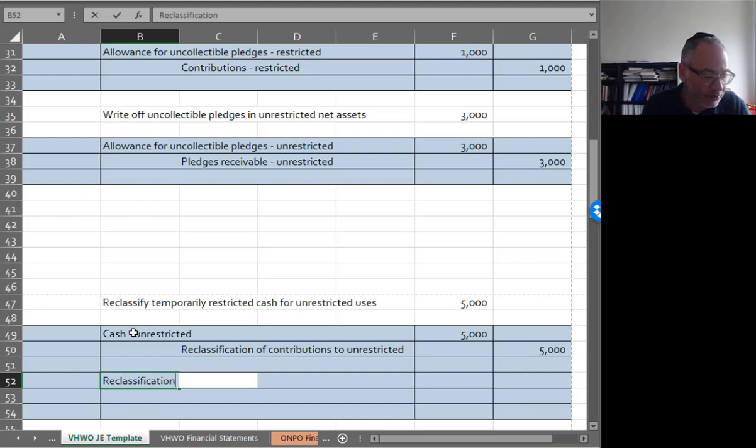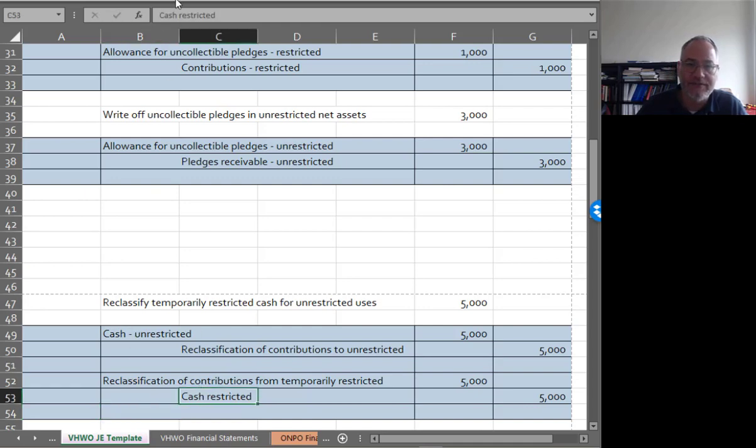There's no specific funds, which is one option for doing this. So we're taking this out of reclassification of contributions from temporarily restricted of 5,000. It's going to come out of that cash account. These entries go together. So in other words, the cash is coming out of restricted cash and it's going to unrestricted.